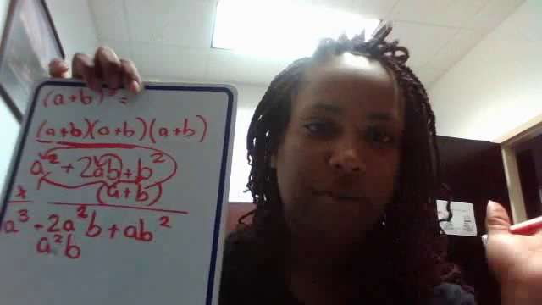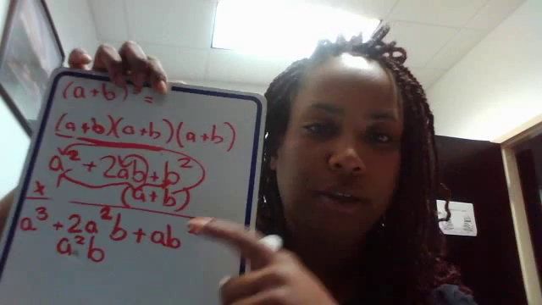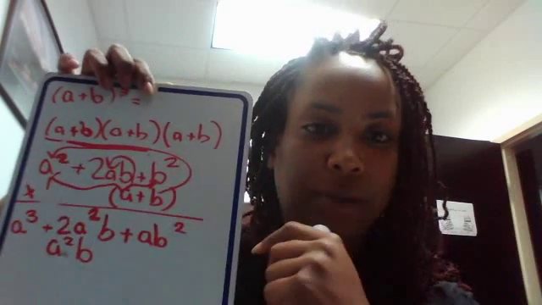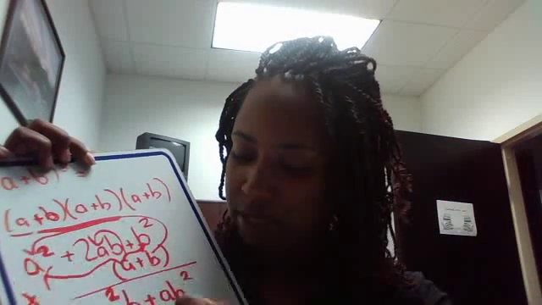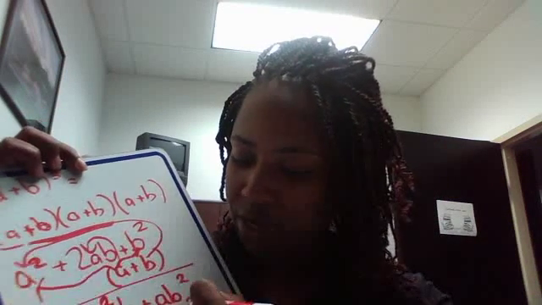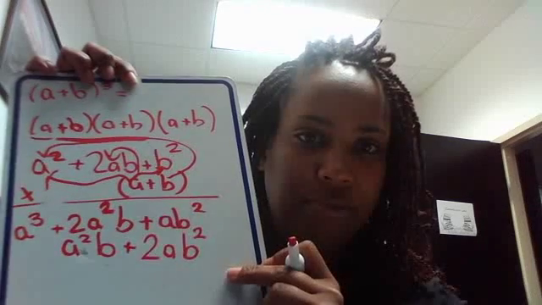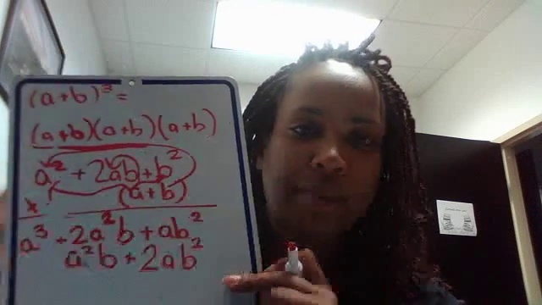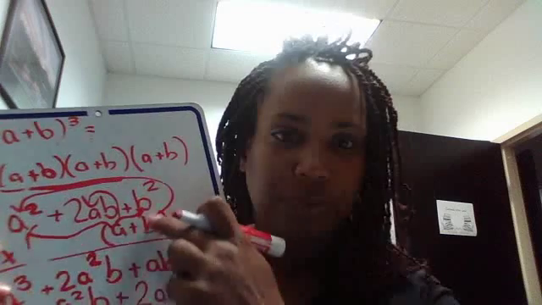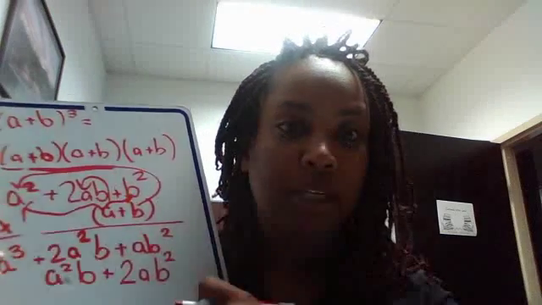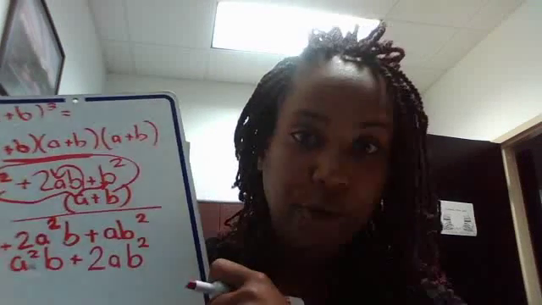I put the B there. Now I need to do B times 2AB. So you will have your plus sign 2AB squared. And then I need to do B times B squared. Okay, and that's B to the third power.